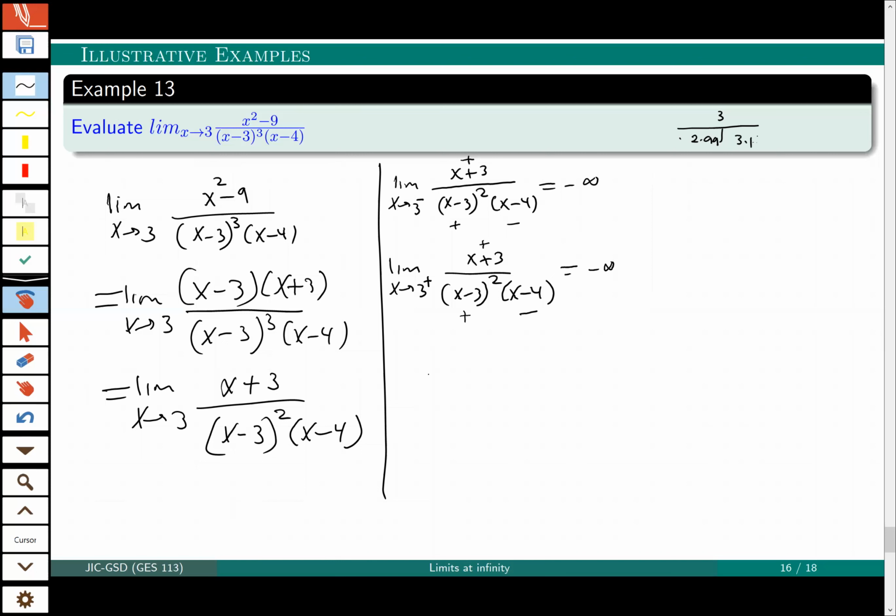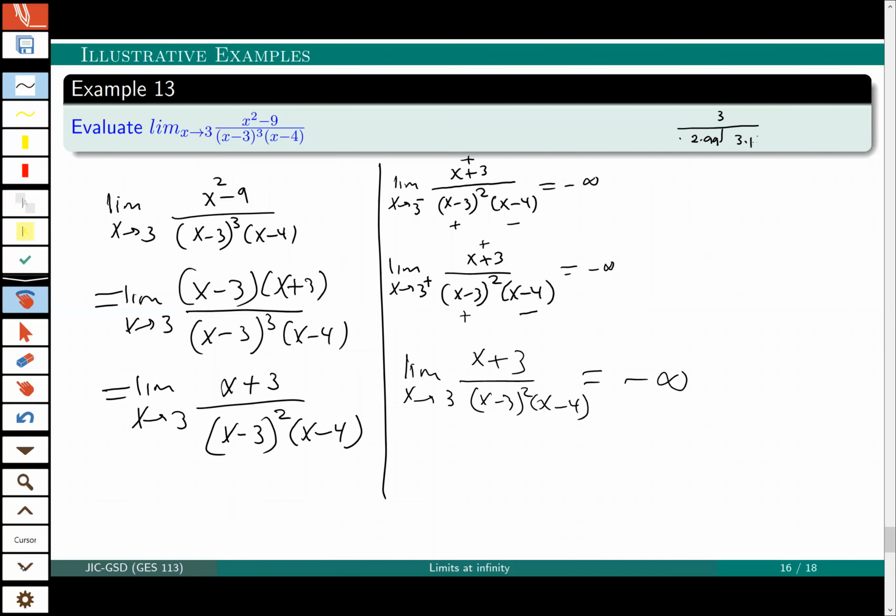So what's the limit when x goes to 3 then of x plus 3 over x minus 3 all squared times x minus 4? That will be equal to, we could say minus infinity, but still we don't call it exist.